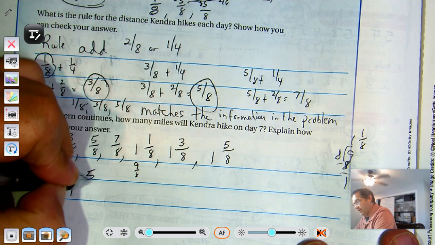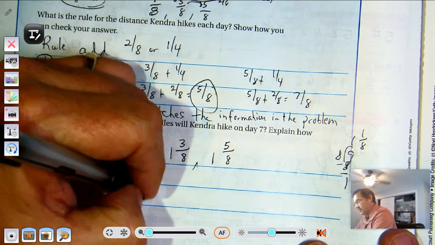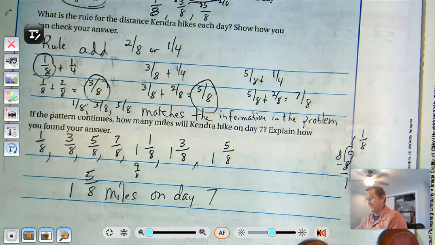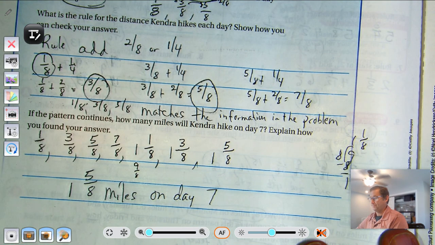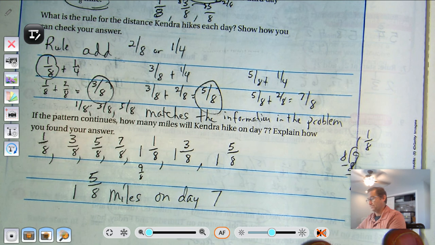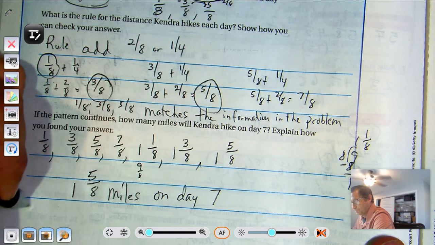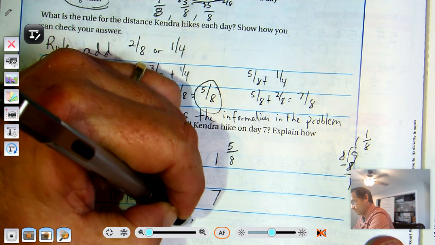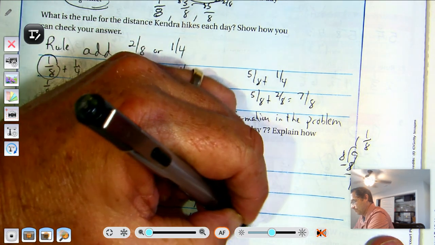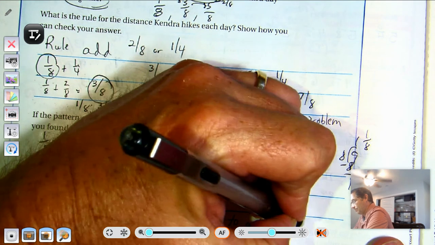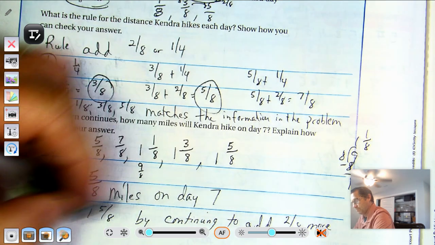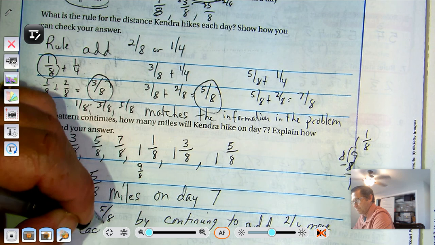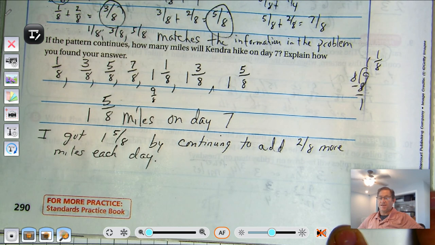So 1 and 5/8 miles on day 7. All right, we got the answer just by adding 2/8 more mile each day.